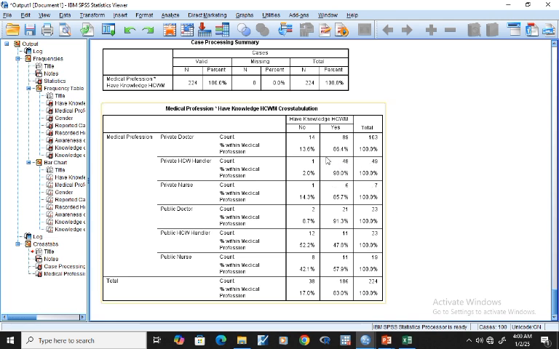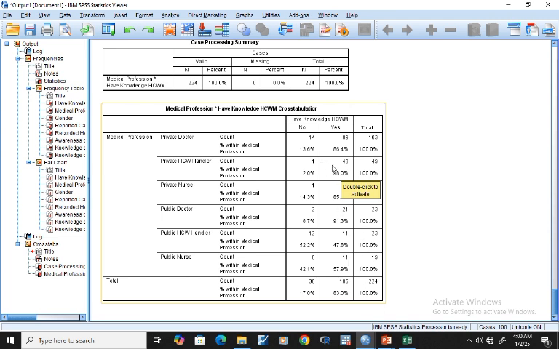And when you look at the percentage, you look at the ones with higher proportion, and you could see that among the medical professions, a higher proportion of private healthcare waste handlers are aware more compared to others.